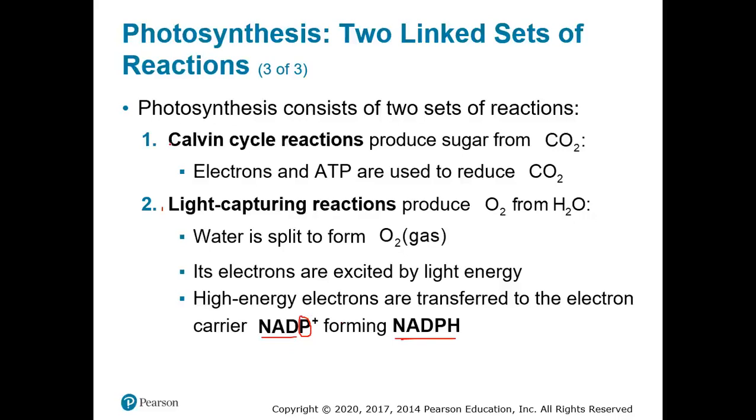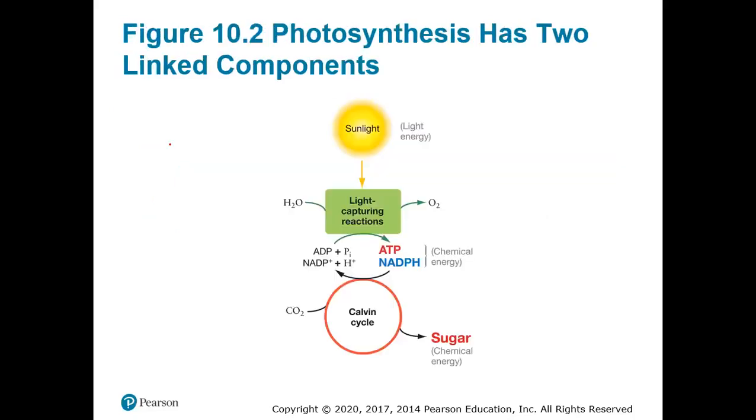This is the set of reactions where we take some carbon dioxide and we make it into a carbohydrate. Now, the Calvin cycle is also known as the light independent reactions because no light is involved in the Calvin cycle. Okay, all of our light we used in the light capturing reactions.